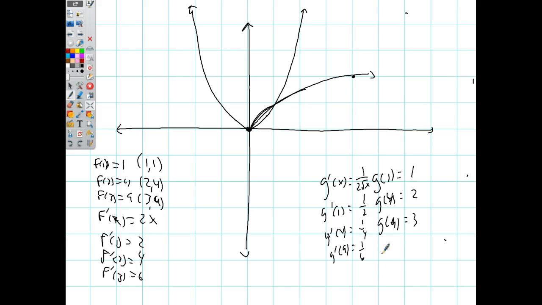So theoretically, there must be some way to take an original function, if I can find its derivative and find its values, and turn it into the derivatives for its inverse. How do I do that? What's the process? Anybody see it? Well, it's 1 over, right?